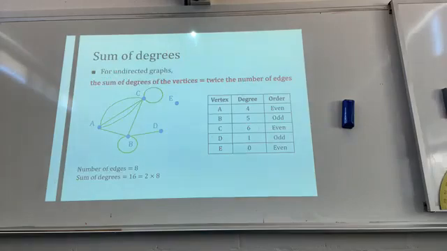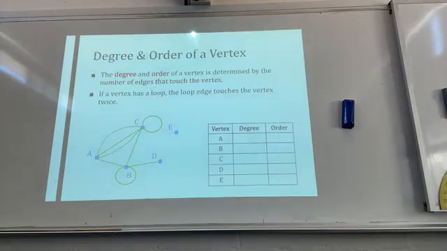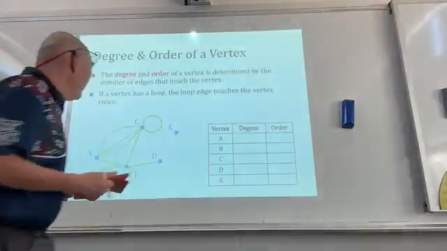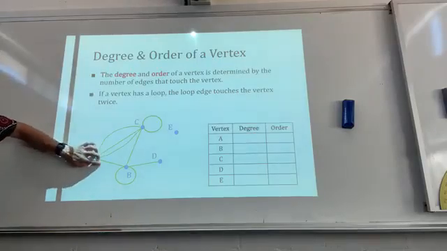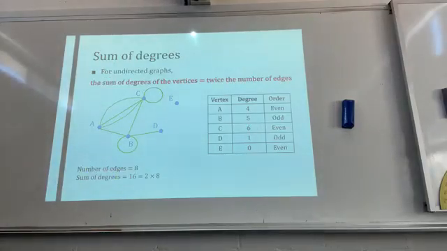All right, let's have a look. Sorry, I forgot. I should write down what A is. How many degrees? The number of edges going into A. So in A, you've got 1, 2, 3, 4. So the degree is 4.